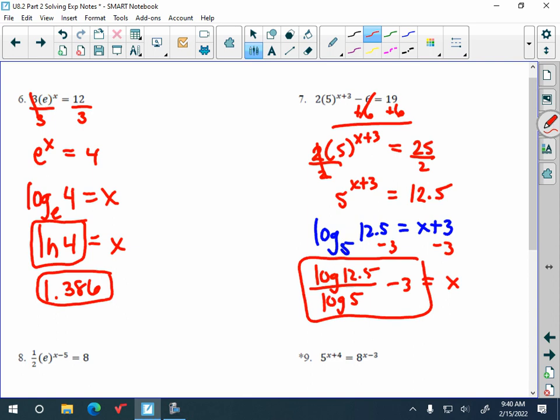All right, and then the decimal, negative 1.431. You can't have negative answers with this.